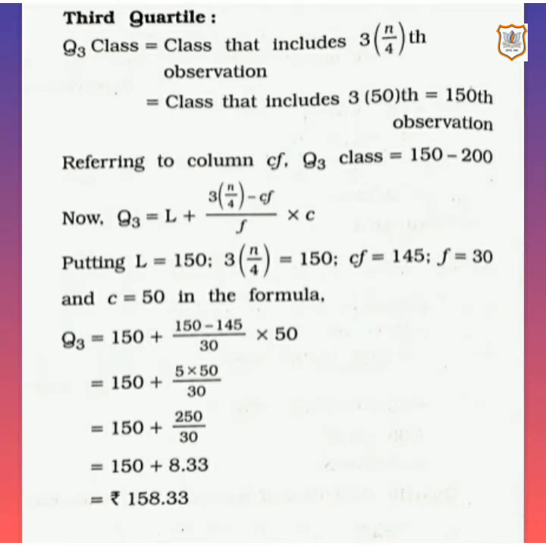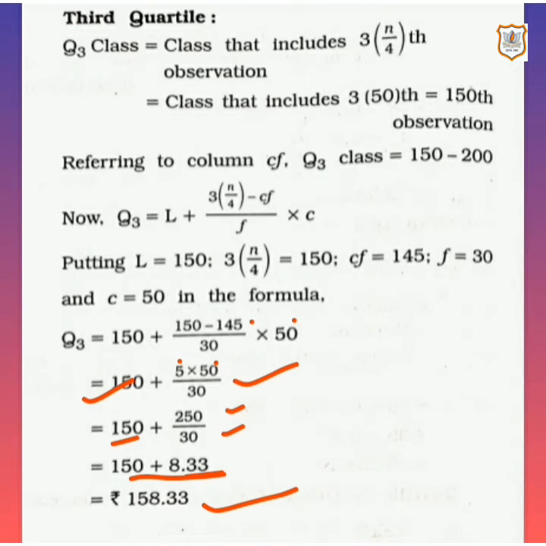So in the next step, it will be 150 as it is plus 150 minus 145 gives you 5 into 50 of class length divided by 30. 150 as it is, 5 into 50 gives you 250 divided by 30. Dividing this, 250 divided by 30 gives you 8.33. So 150 plus 8.33 gives you 158.33.